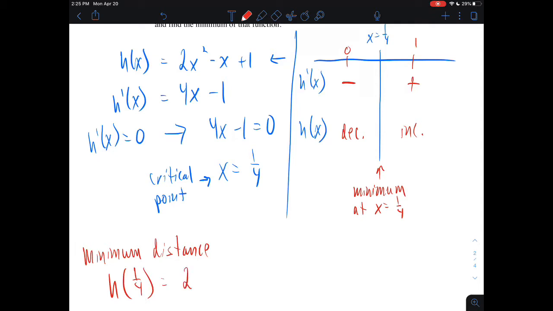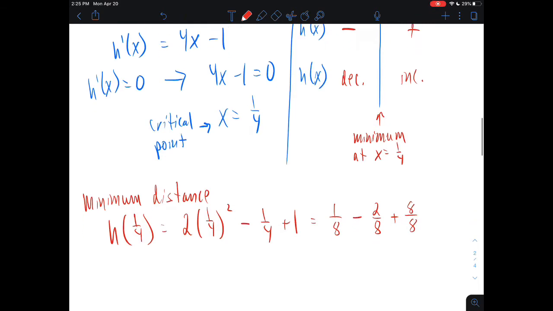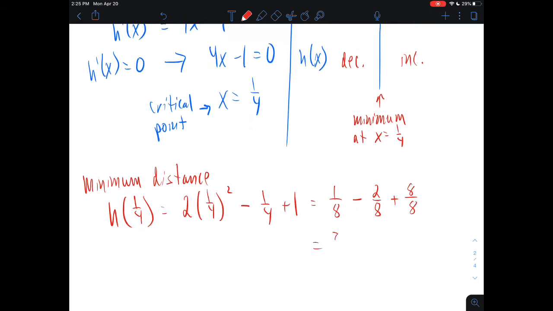So 2 times 1/4 squared minus 1/4 plus 1. 1/4 squared is 1/16 times 2 is 1/8, minus 1/4, which is the same thing as 2/8, plus 1, which is the same thing as 8 over 8. So that gives me 7/8. So 7/8 is the minimum distance between those two functions.